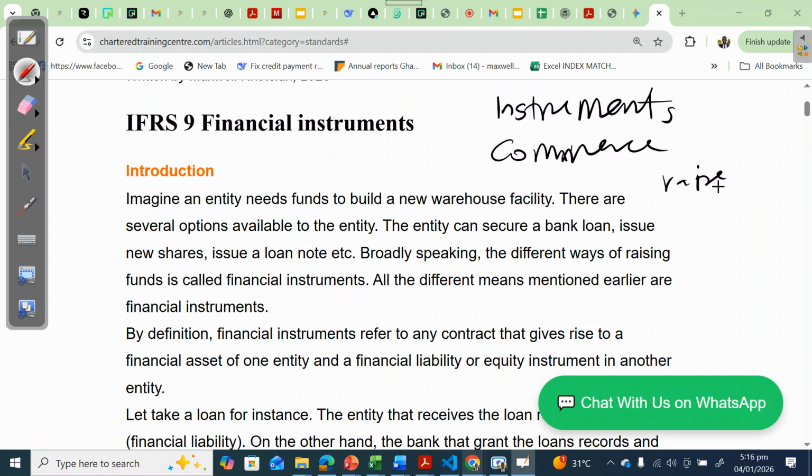So you can invest in a financial instrument, or you can use the instrument to raise funds. That's what financial instruments are.